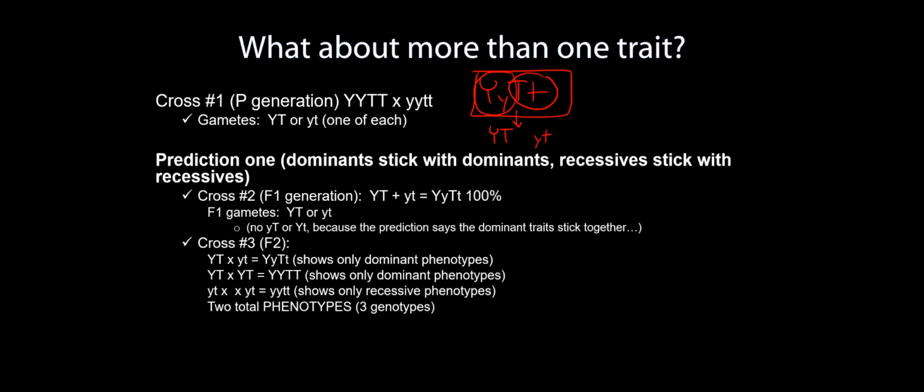In other words, does this capital Y factor always go with the capital T, and the lowercase y go with the lowercase t? In which case, if that is true, you would only get two possible gametes. The alternative is all the different possible combinations of these. There are going to be many of them, not just two.